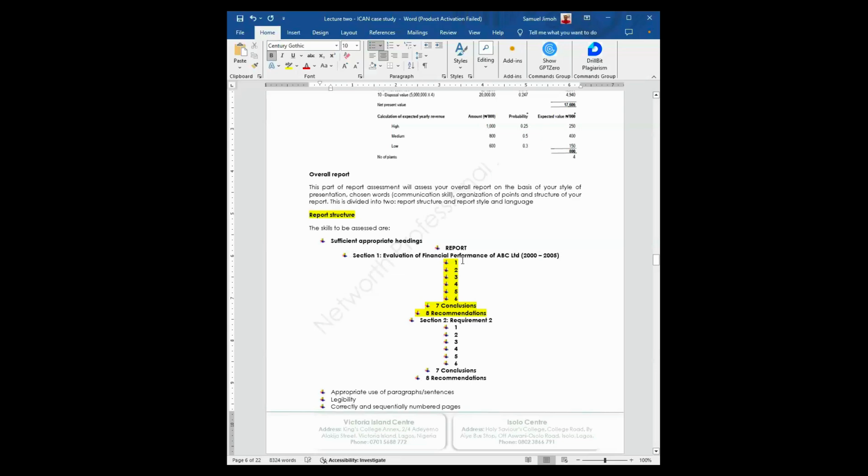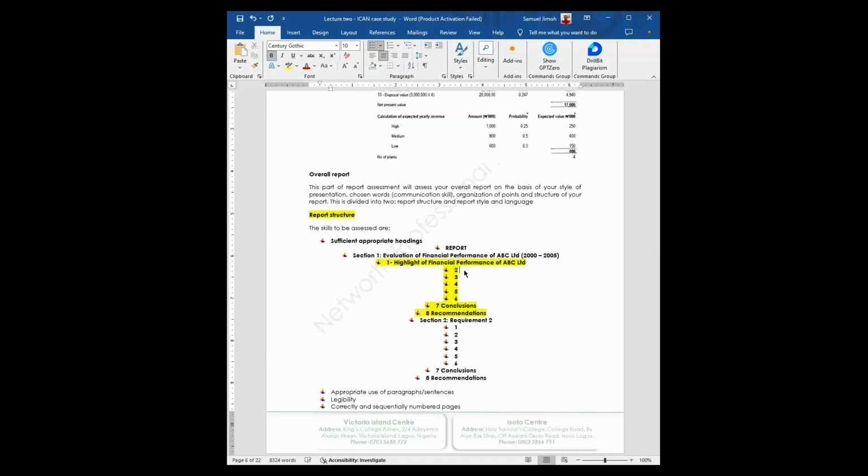Now here you will also tell them what you are doing. It may be that you just want to show the highlights of financial performance of ABC Limited.